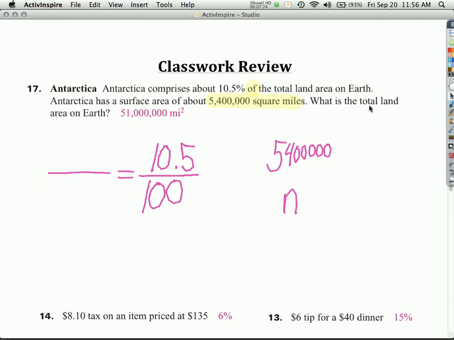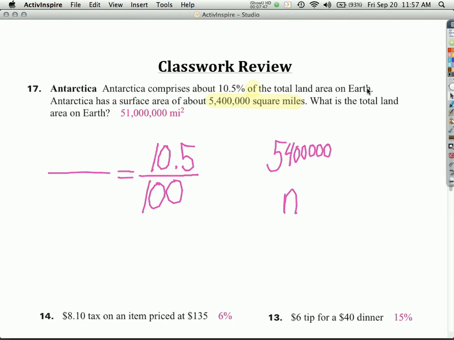Which one's missing? Only 3 people can use their brains? Kayla? You think the is missing? Okay. Well, it says of the total land area on Earth. Does it give us the total land area somewhere else in the question? Yes. It does? What's the total land area of the Earth?